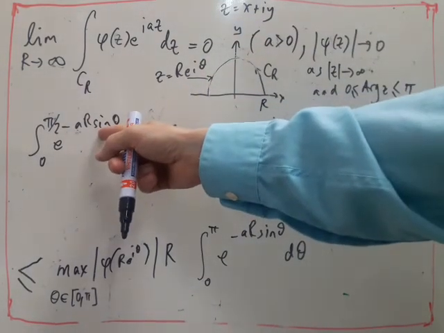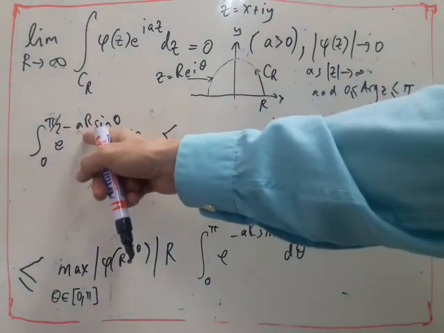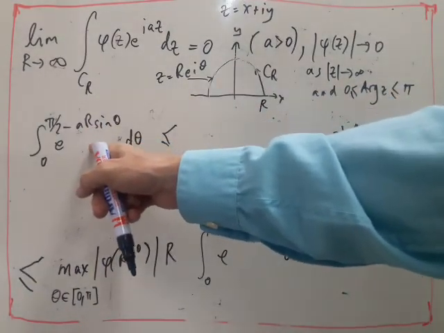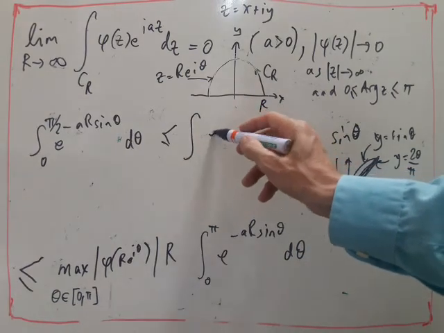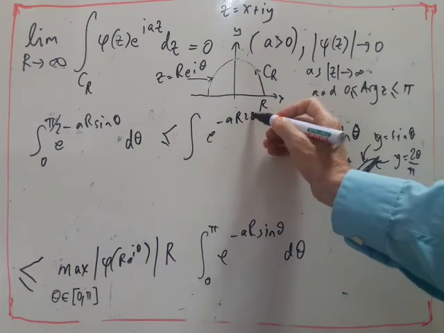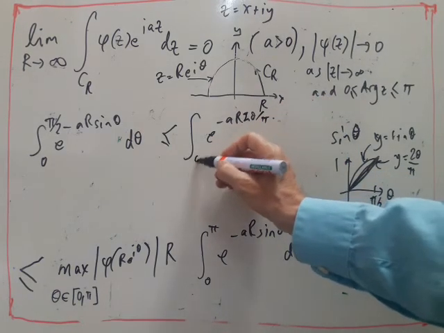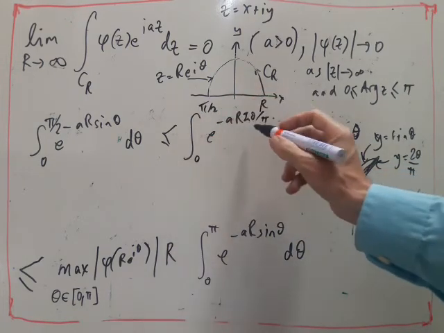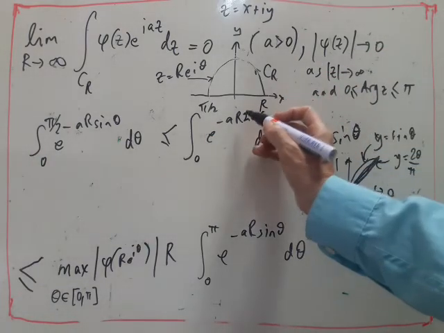Sorry, if sine theta is larger, so that's going to be e to the minus, is going to be smaller than e to the minus a r sine theta, which is 2 theta over pi. Okay, so this is an integral which we can do easily.